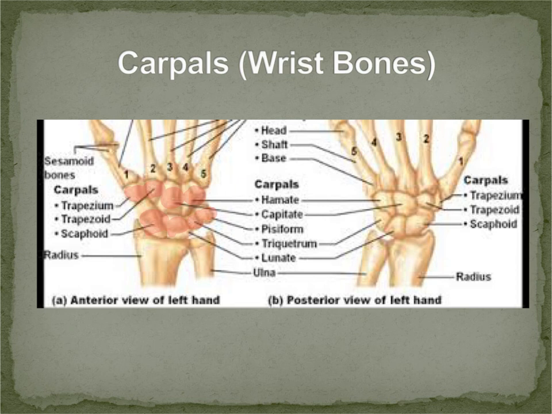So we have the trapezium, the trapezoid, and then the capitate and hamate if we're going across. And if we come back the other direction, we have the pisiform, the triquetrum, we have lunate, and we have scaphoid. And it would be beneficial to you to learn those in order.